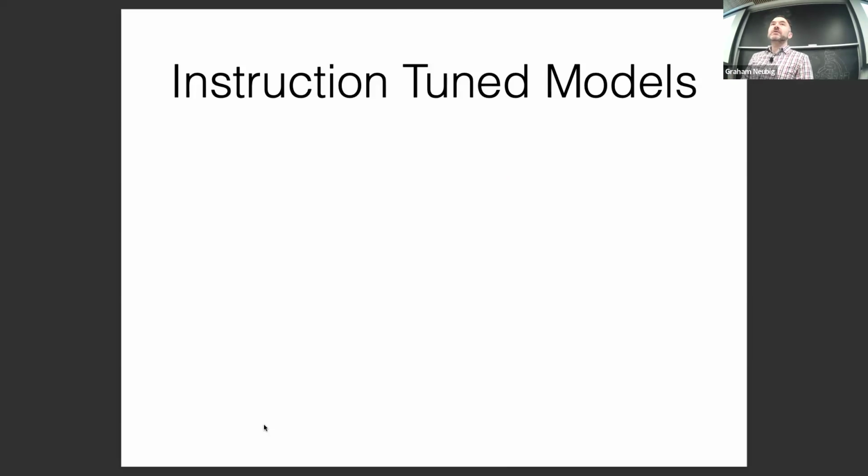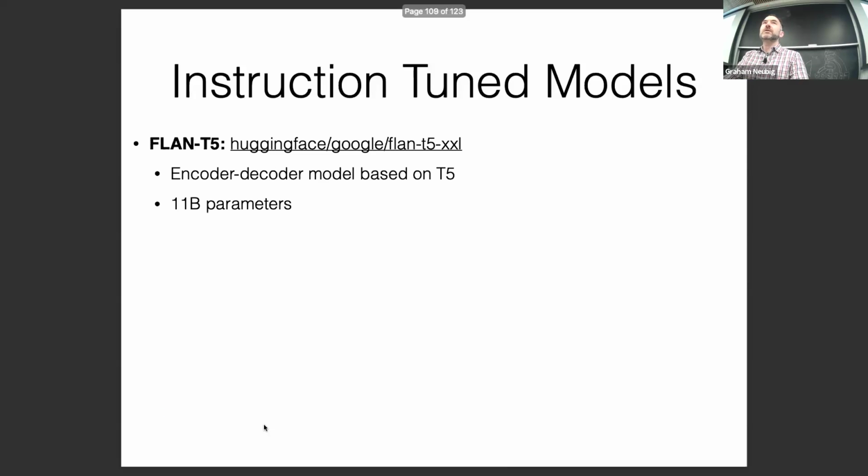Cool. So the next thing that I want to talk about is instruction-tuned models. These are examples of models that I can recommend you use now in 2024. They're good models to use. FLAN-T5, I think, is a very good model, especially for its size. It comes in various sizes from smaller models up to 11 billion parameters.